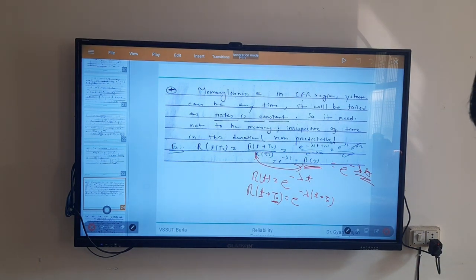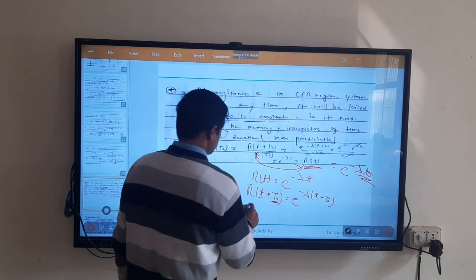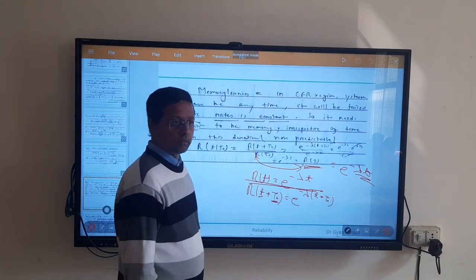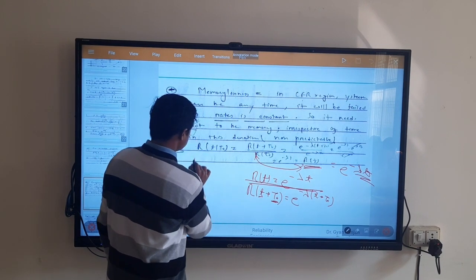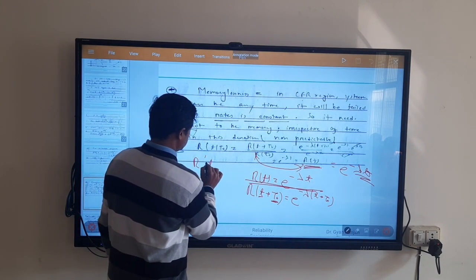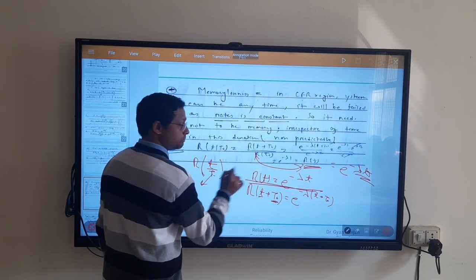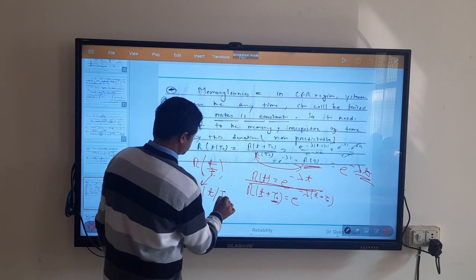Getting my point? So that means my reliability function, for a generalized equation, is more or less this modified function. Remember, that's why we write it as t by t naught. So symbolically in reliability, we write it t slash t0.